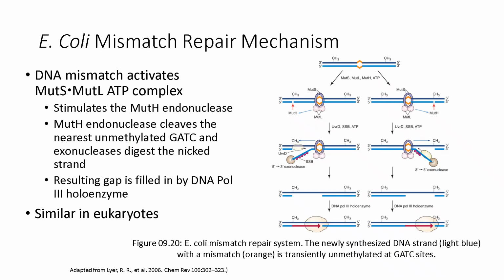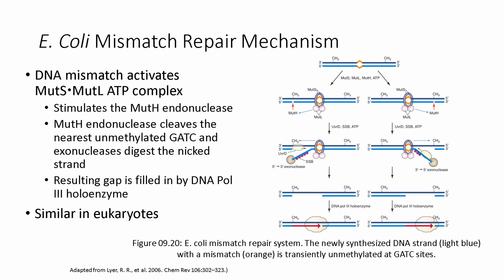The repair process begins when a mismatch is recognized by the MutS-MutL complex, which activates the MutH endonuclease. MutH cleaves the unmethylated daughter strand near the GATC site. Exonucleases then degrade the segment containing the error, creating a gap.